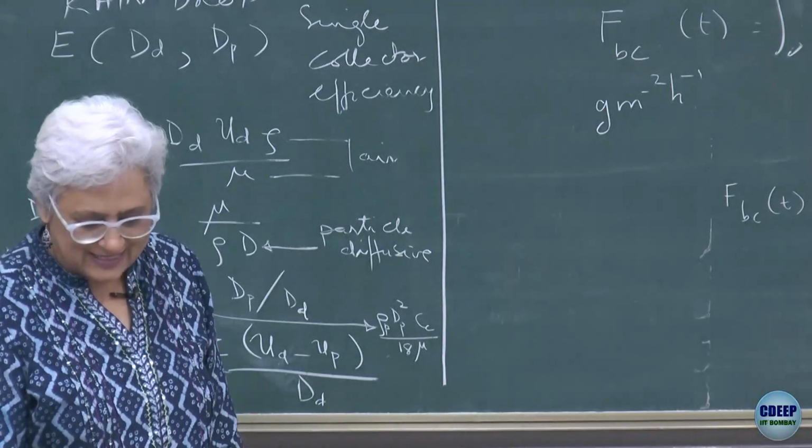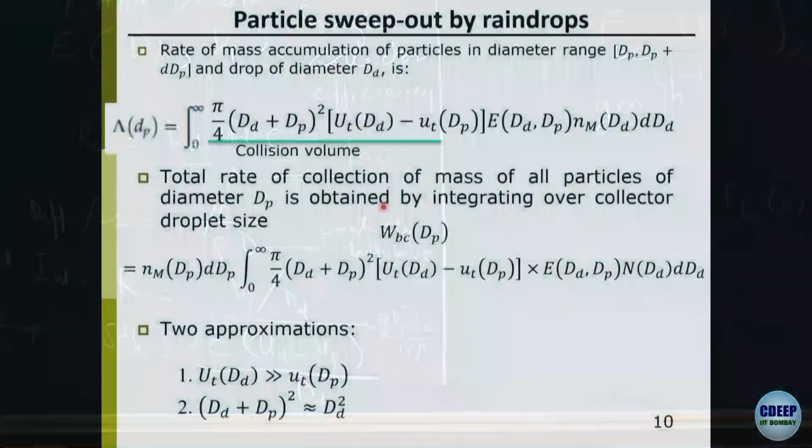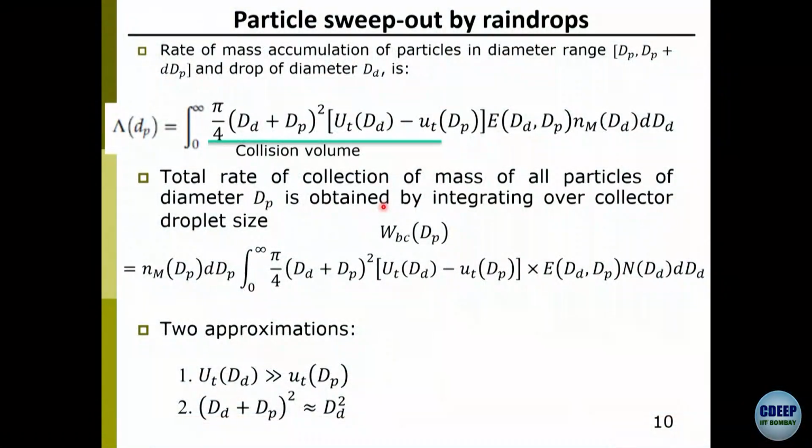But yeah, let us put this up on the board before we start trying to look at it, which is now how do we move from our understanding of single collector efficiency to a case of what is happening in terms of sweep out, right?